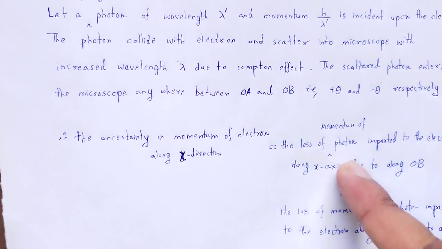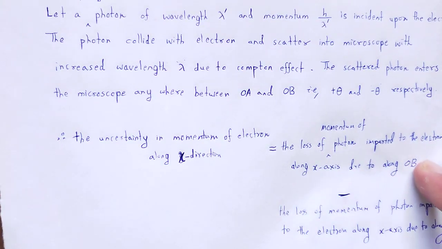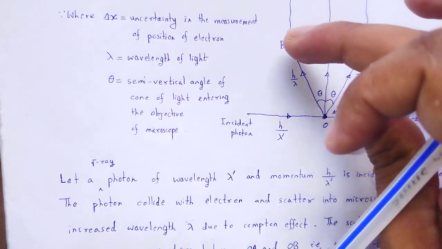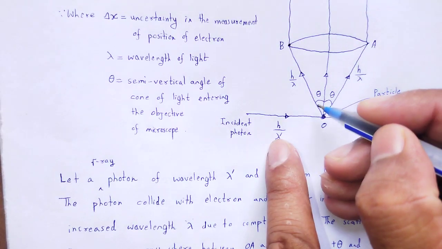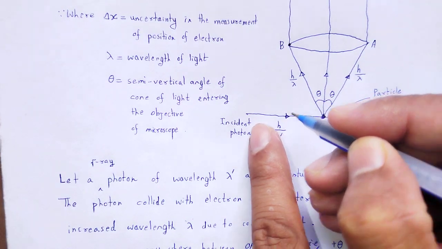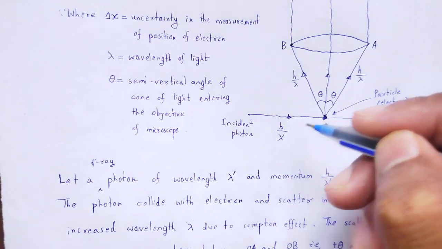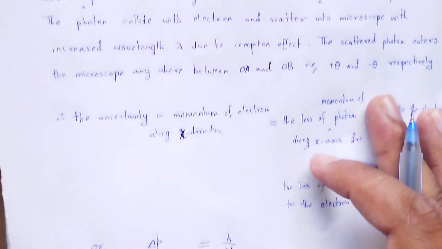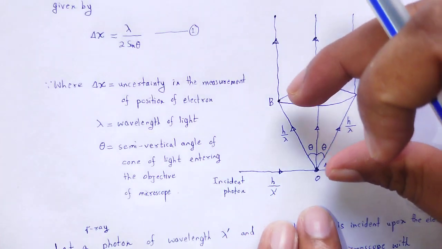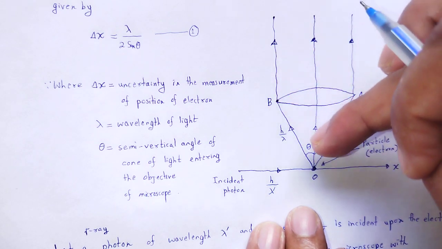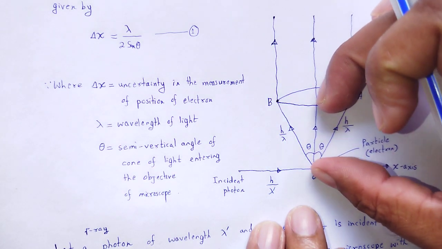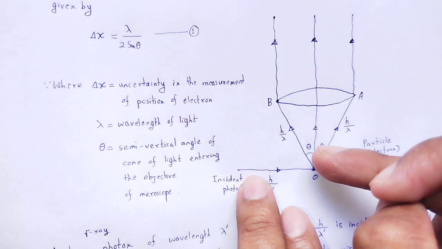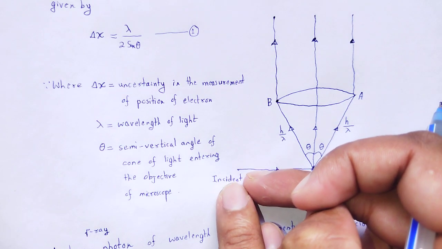So, what will be the loss of momentum of photon imparted to the electron along x axis due to OB, that is OB due to that minus of theta. Here is the incident photon h by lambda dash. The x component of such momentum, here h by lambda, that component is h by lambda cos theta, and this component h by lambda sin theta against this direction.